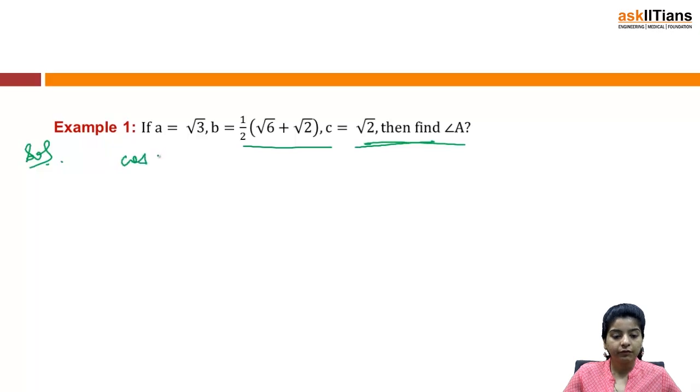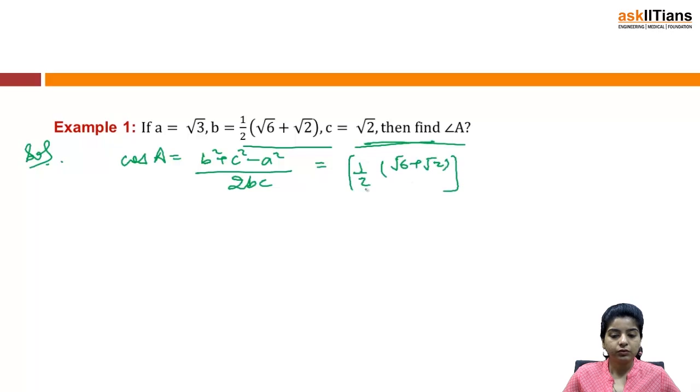So first of all, I find out cos A, which would be b square plus c square minus a square by 2bc. That means, with b as half of root 6 plus root 2, b square plus c square, that's 2, minus a square is 3, by 2bc, that's 2 root 2 into root 6 plus root 2 by 2.